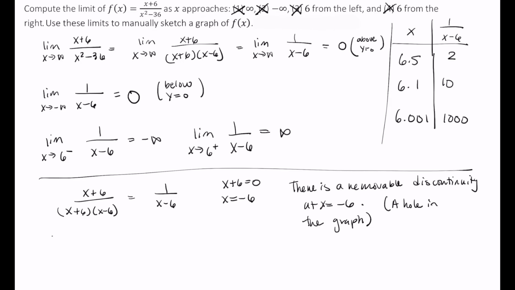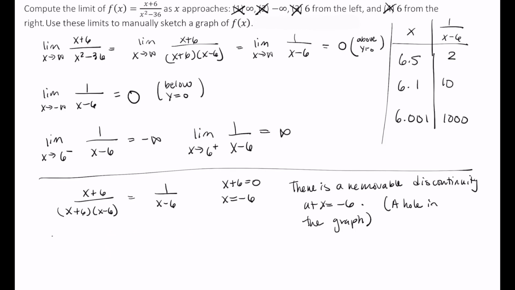Finally, we need to ask ourselves if there are any roots, that is, any spots where this function will intersect the x-axis. And already looking at this, I can see that there's not. Because recall, in order for a function to intersect the x-axis, we have to find out when this function is equal to 0.